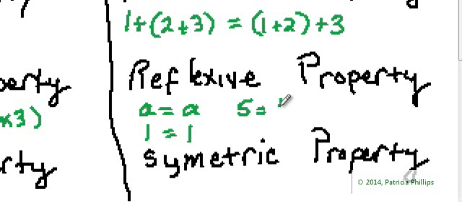Use these really simple numbers when you are learning this, because in your homework assignments, and especially on any quiz or test, there will be a more complicated algebraic expression involved. I really don't think that you will ever see which property is this, and then it says 1 equals 1.